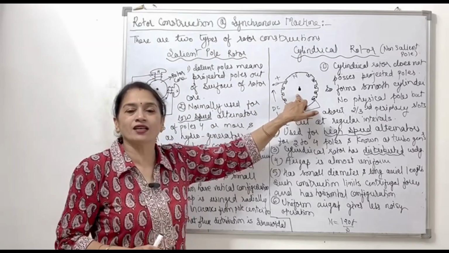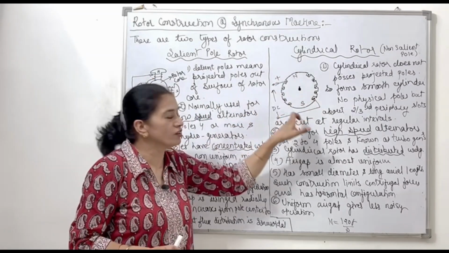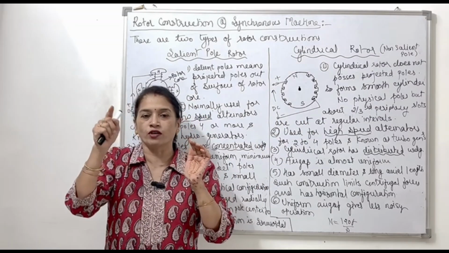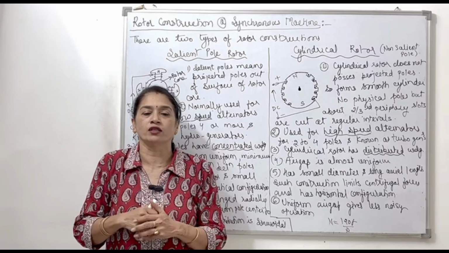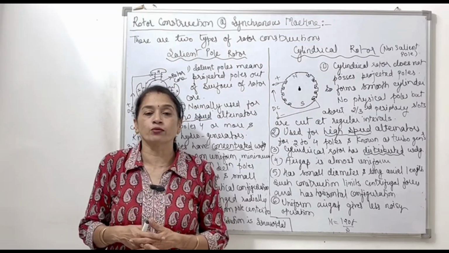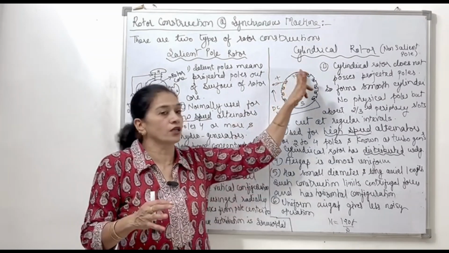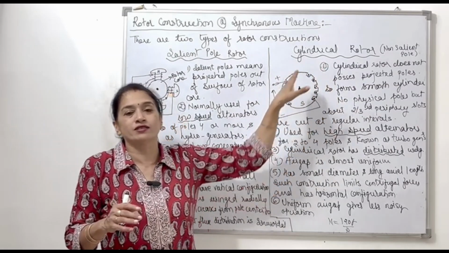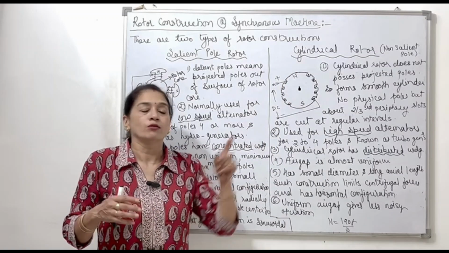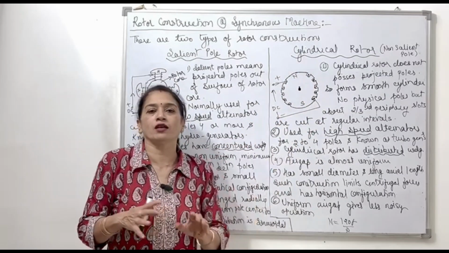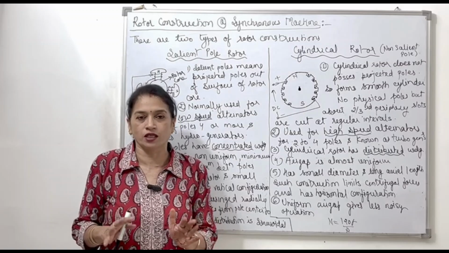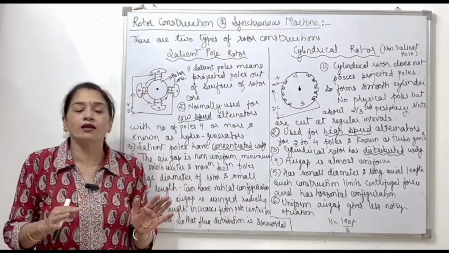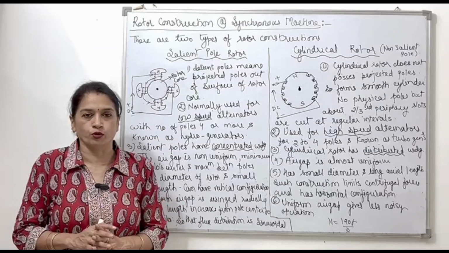Here, cylindrical rotor means we have a solid rotor construction over which slots are cut. Now, how many slots are to be cut? The number of slots depends totally on the periphery of this cylindrical rotor, because 2/3 of the periphery is covered with slot cutting, and the remaining non-slotted portion is made as north pole or south pole.